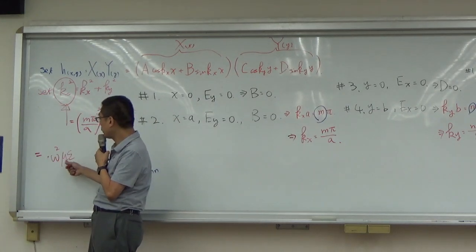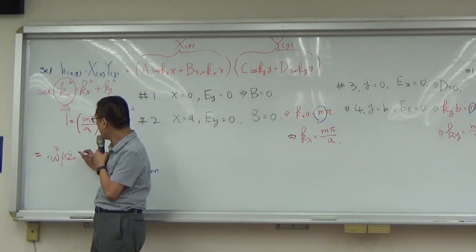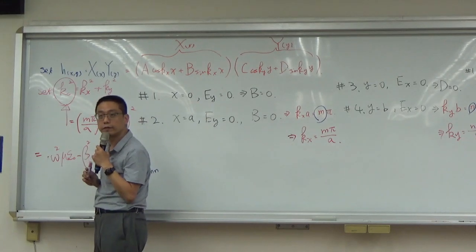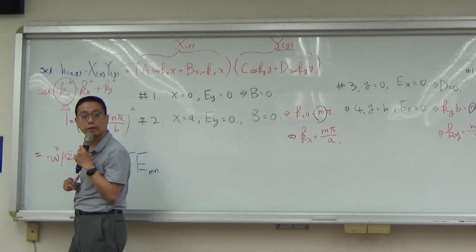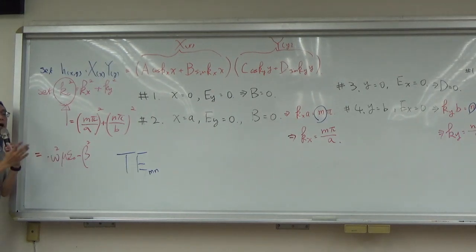If it is air inside, you use mu 0, epsilon 0, minus beta squared, right? So, what is the beta of this waveguide?